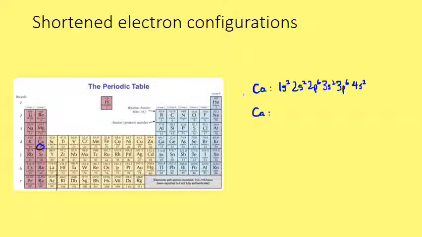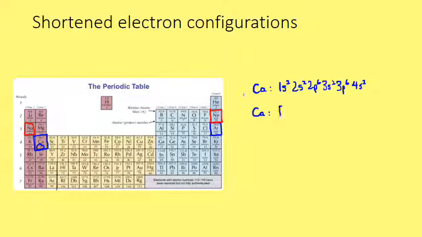Here's calcium in the fourth period. What you do is take the noble gas that's in the previous period to the element you're dealing with. For example, if you were writing out sodium, you would use neon as your noble gas. But for calcium, the noble gas we use is argon.